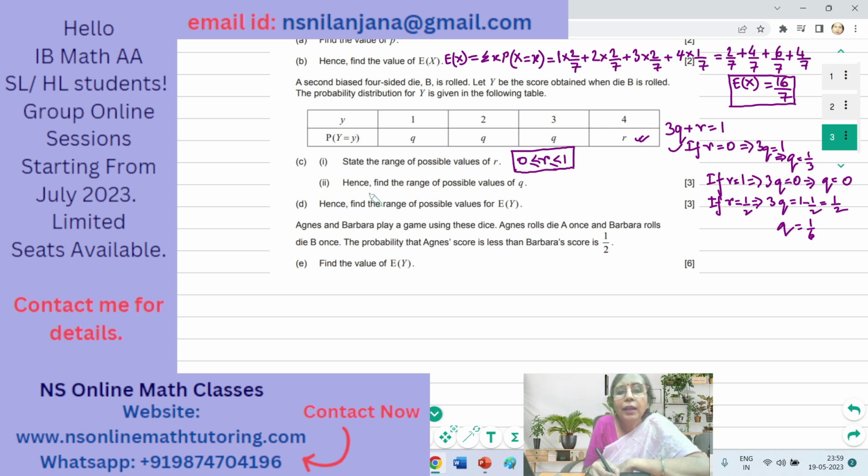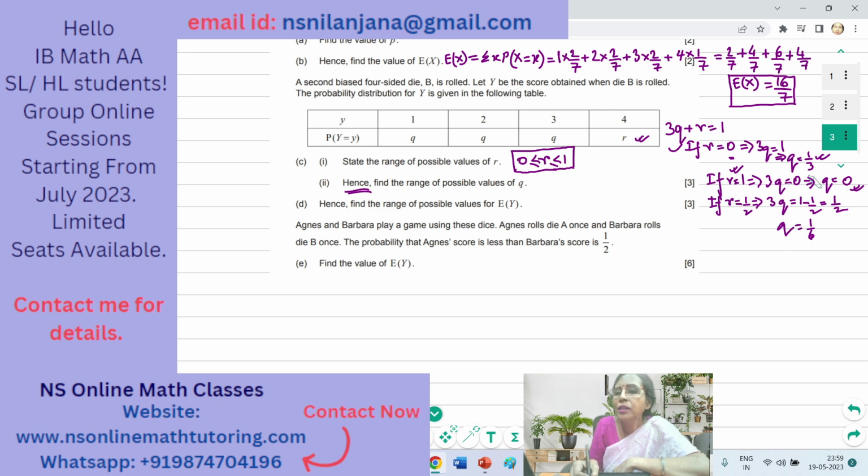Now we know the possible values of R, hence find the range of possible values of Q. We have seen when R is equal to 0, Q is equal to 1/3. And when R is equal to 1, Q is equal to 0.